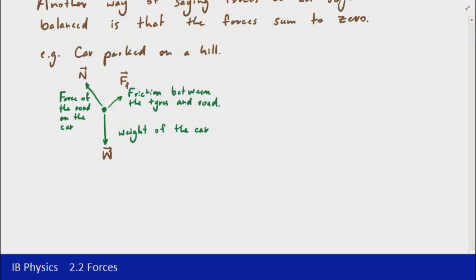So the equation that we'd write is that the weight force down plus the normal force plus the frictional force is equal to zero. Which is not too dissimilar to what we talked about with Newton's first law.